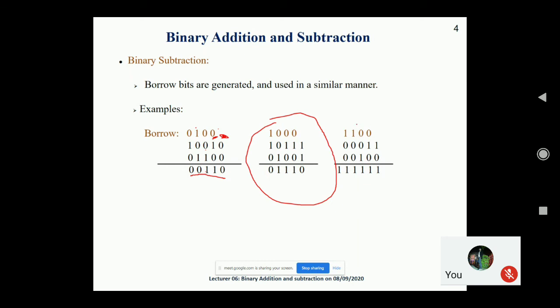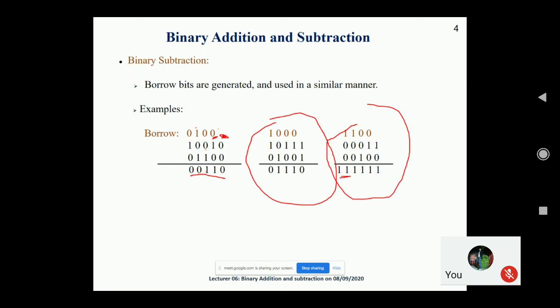In this particular example, 1 minus 0 is 1, 1 minus 0 is 1. 0 minus 1 means the difference is 1 and the borrow is also 1. So 1 minus 0 is 1, and 1 minus 0 is 1. Then no borrow is generated, and 0 minus 1 is 1.